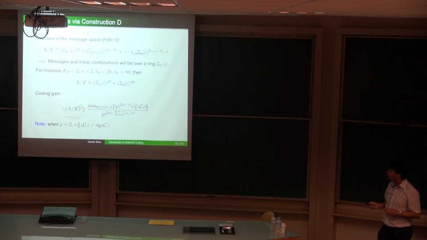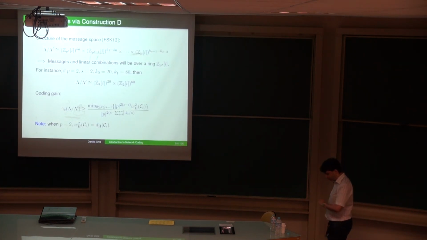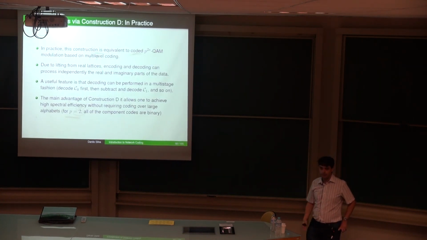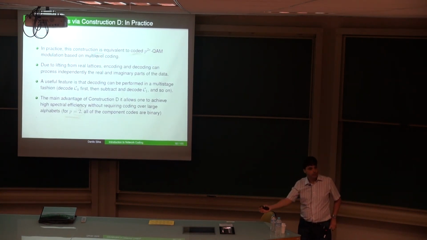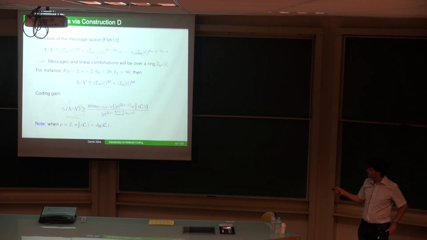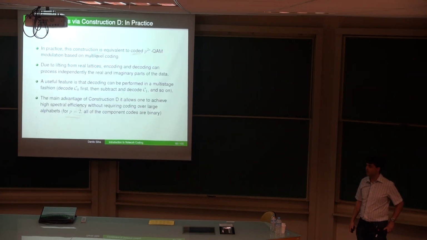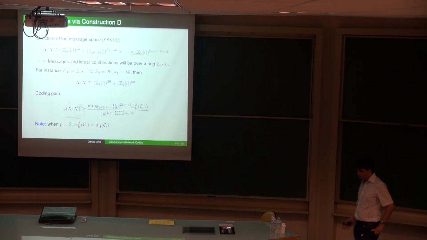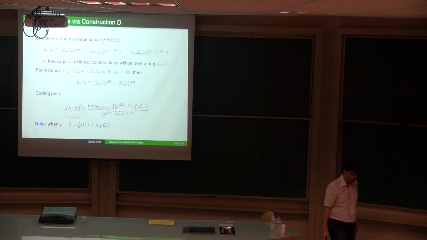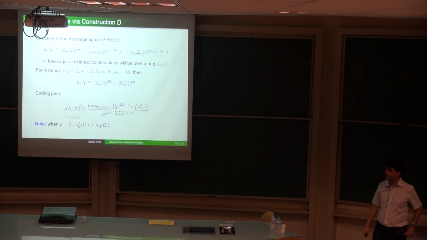Okay, but just one important point to make here is: why is this at all different from just using lattices for a point-to-point channel? Okay, the whole difference lies in the fact that we need to consider the structure of the message space. Because there are lots of papers, let's say, on lattices with construction D for a point-to-point channel, but nobody really cares about the message space.